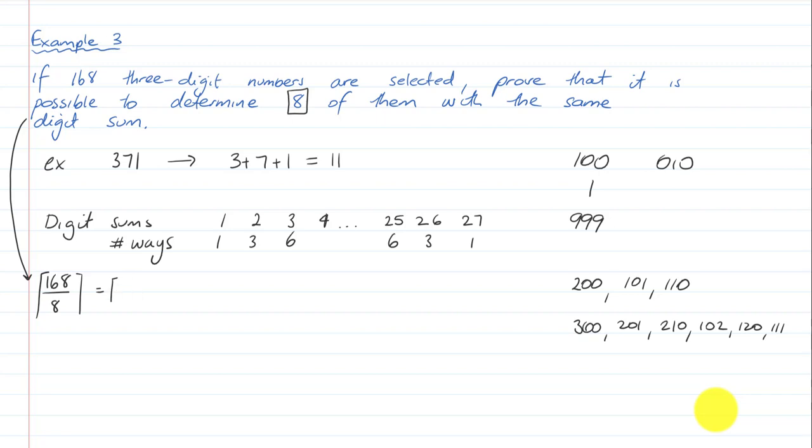Sorry, not 168 over 8. My apologies. There's 27 possible digit sums, so 168 over 27, and look at the ceiling of that. And the problem is 27 times 6 is 162, so it's basically 6 and a bit, and so the ceiling of that is equal to 7, not 8.